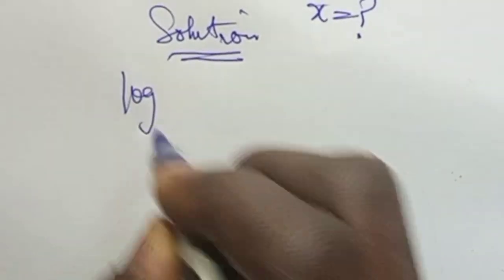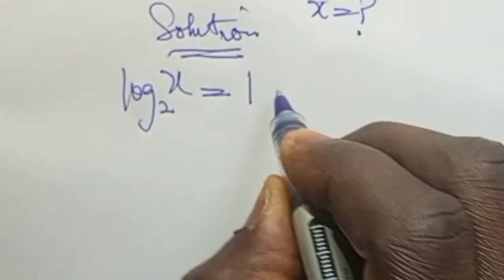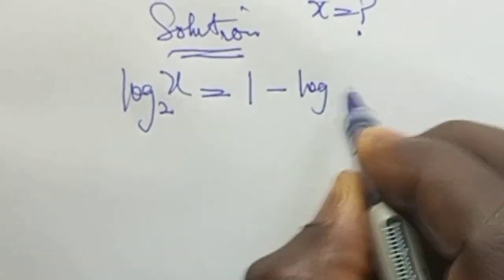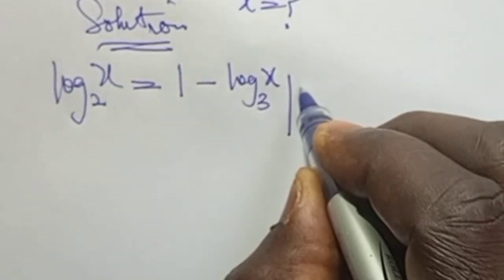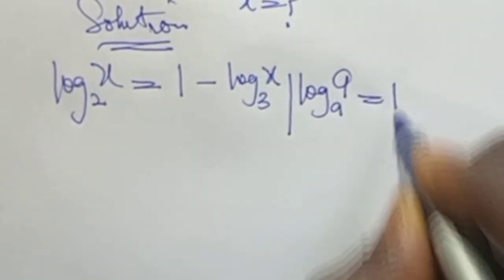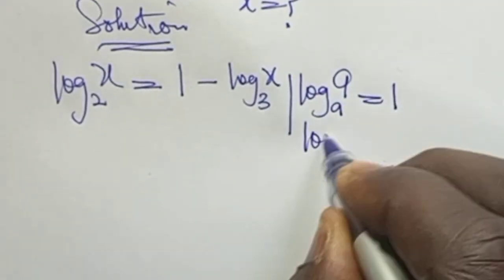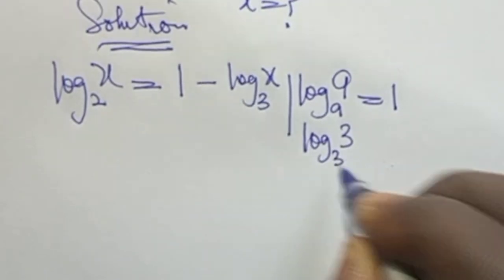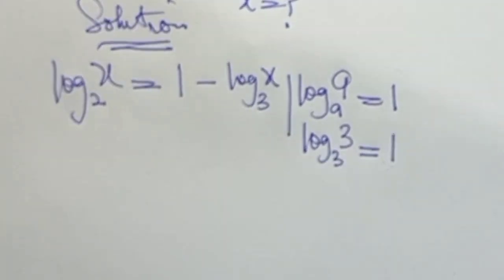So we say log x to base 2 will be equal to 1 minus log x to base 3. But log a to base a is equal to 1. That means log 3 to base 3 can be regarded as 1 also.